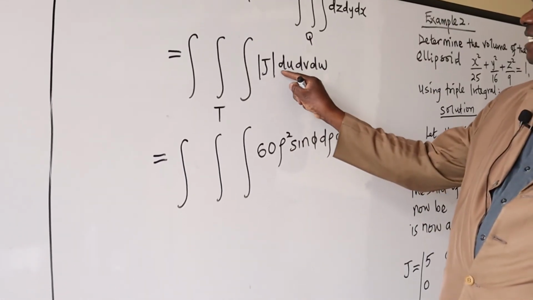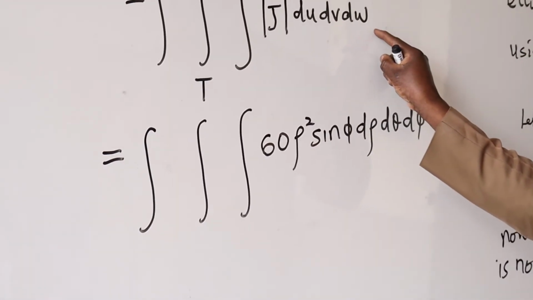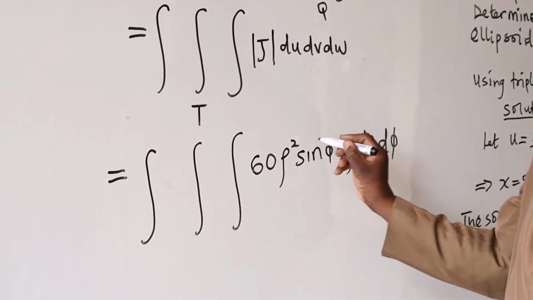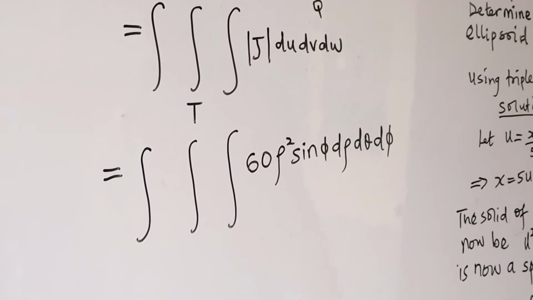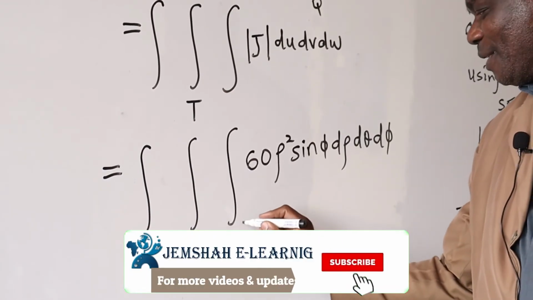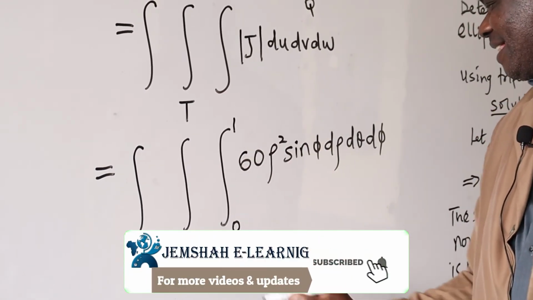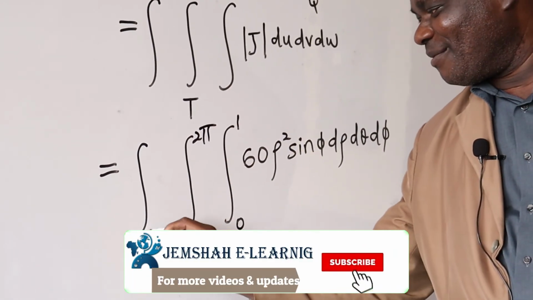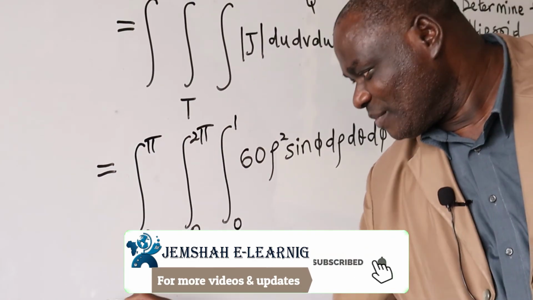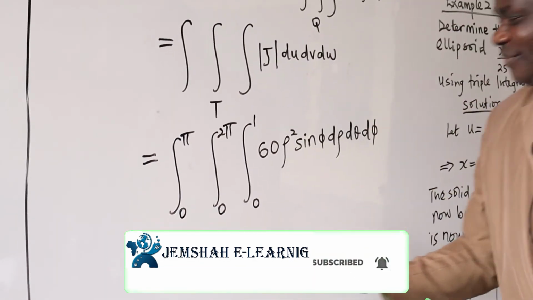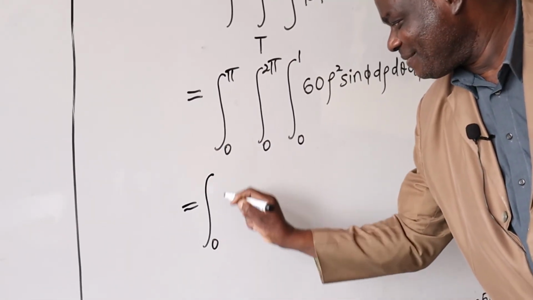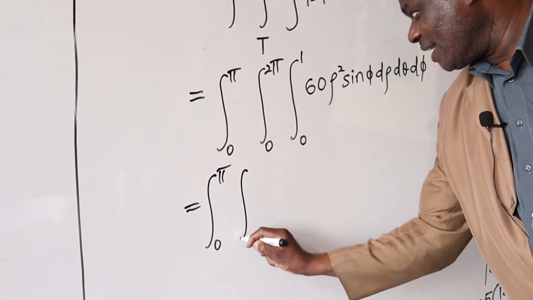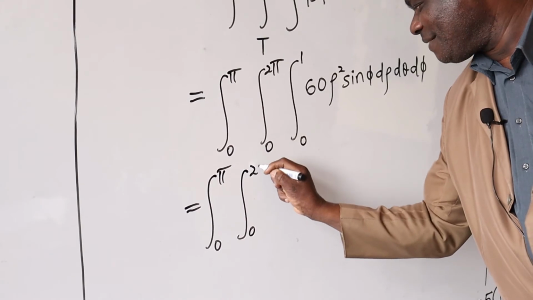We are now converting the Cartesian coordinates into spherical coordinates. For a full sphere of radius 1, rho will change from 0 to 1, theta from 0 to 2 pi, and phi from 0 to pi.